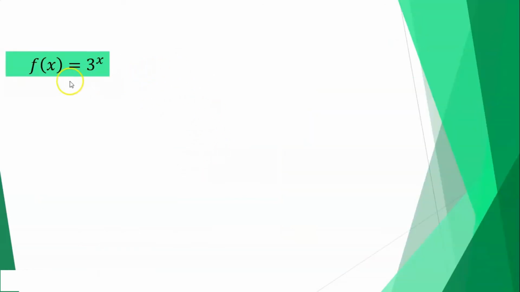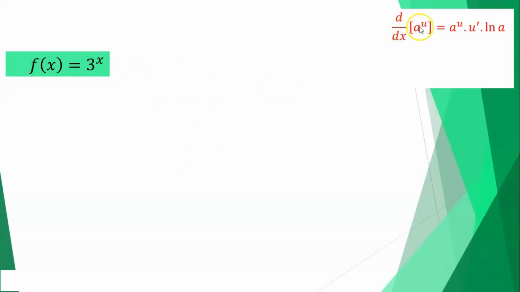Okay, what is the derivative of 3 to the power of x? The derivative of a to the power of u is: copy the given, times the derivative of the exponent, times the natural log of the base.